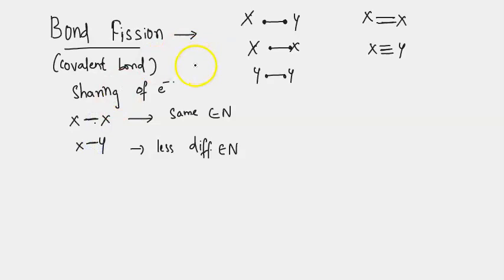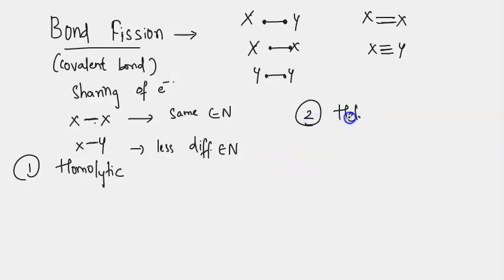double or triple bond. Here we discuss fission, that is the breakage of the covalent bond, and how many types of breakages are present. The first type is homolytic cleavage or homolytic fission, and the second is heterolytic fission.